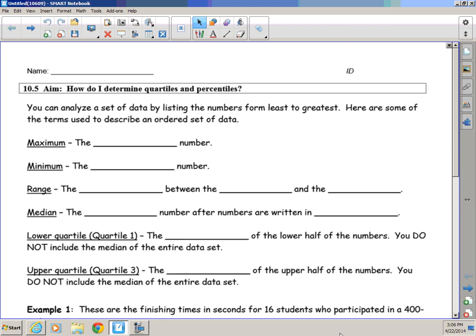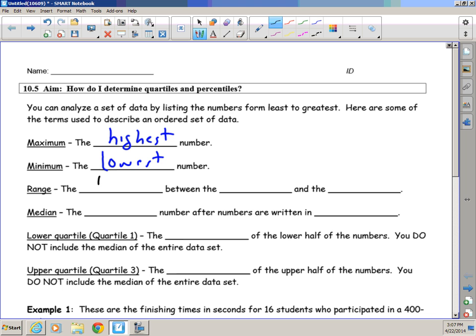Okay? Now, we saw how we could figure all of this out on the calculator, but my focus is going to be doing it by hand because if it's an extended response question in the Regents, you'll have to do it by hand. So simply going through some of these definitions we've had before, the maximum is the highest number, and the minimum is the lowest number.